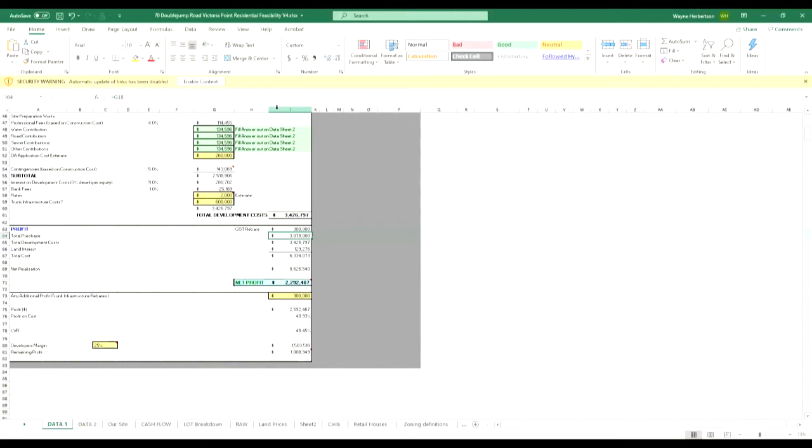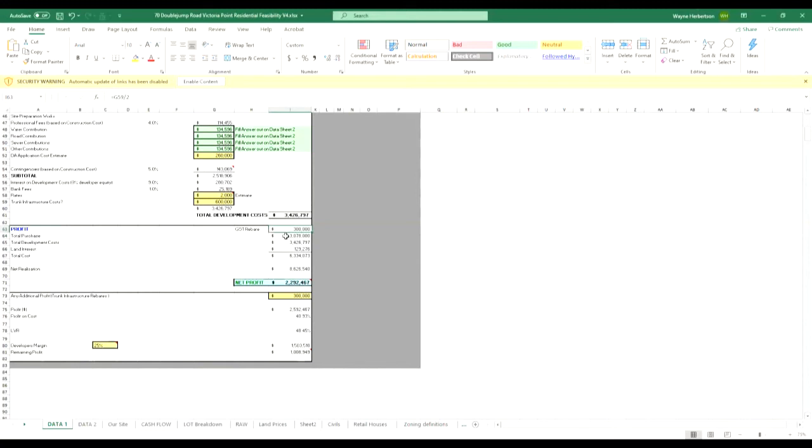So you actually get 300,000 back. So if you spend $600,000 on putting trunk infrastructure in, which is building a new sewer line, the council will give you 50% of that infrastructure cost back. So that comes back in as a revenue stream.